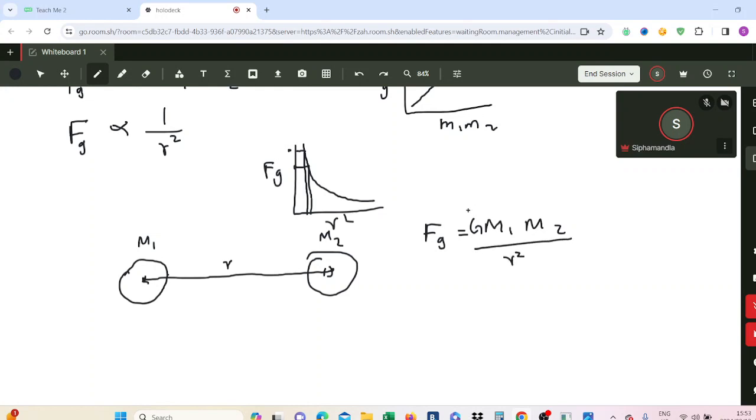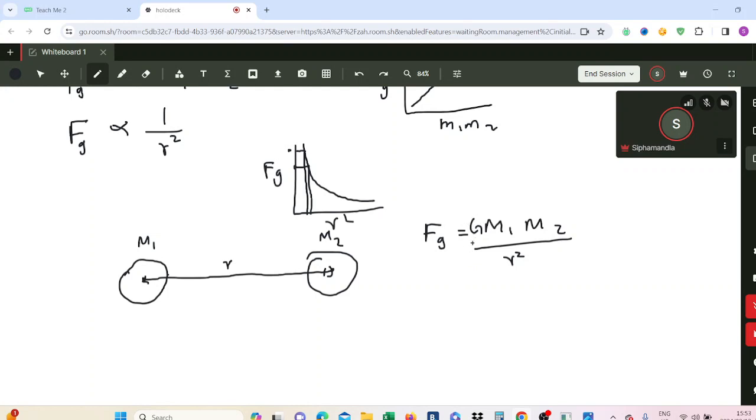Let's now explain the formula. This is the formula you can use to calculate the universal gravitational force. This universal gravitational force is also the same as the weight, at some point.